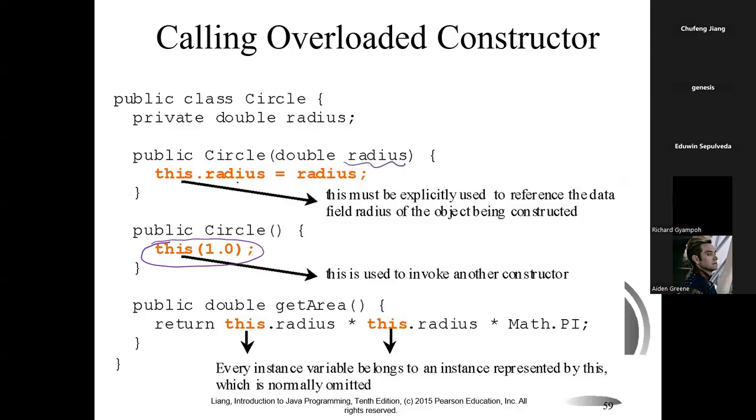Here we pass the radius to this.radius. This is an explicit use to reference the data field. However, we can also do it this way, this with brackets and 1.0, which means we use this to invoke the other constructor, referring to this one. That means this is calling Circle(1.0), and this 1.0 is passed to the radius there.